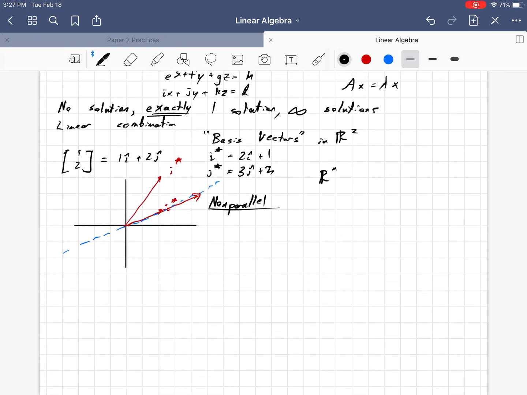There's another matrix that they mention here that is awfully important, and it comes up a lot in linear algebra. It is the n-dimensional, what we call the identity matrix.